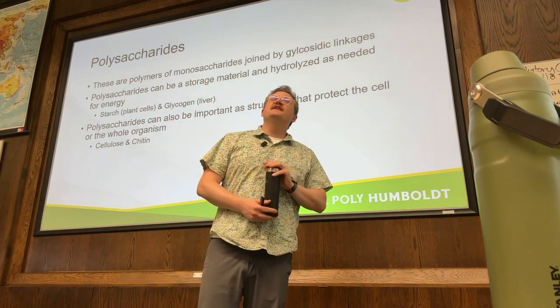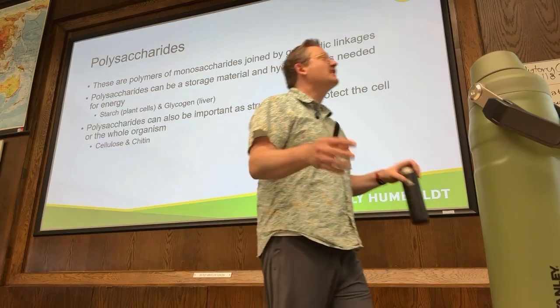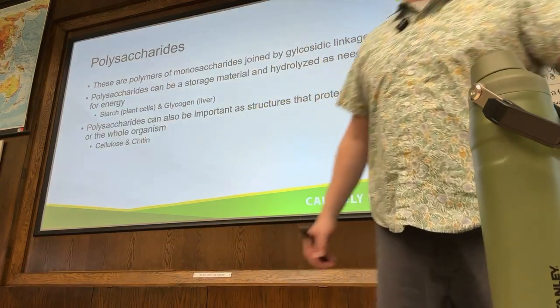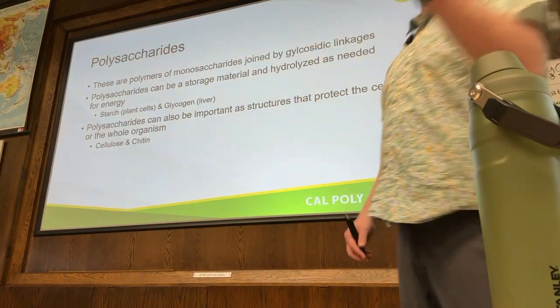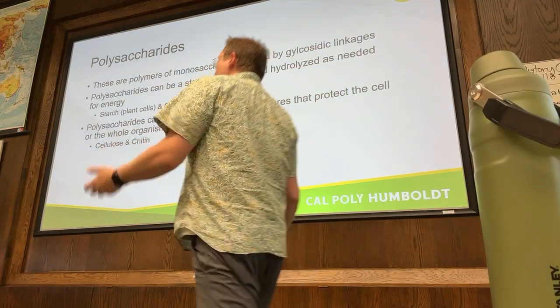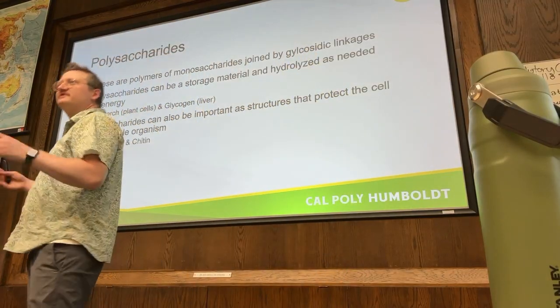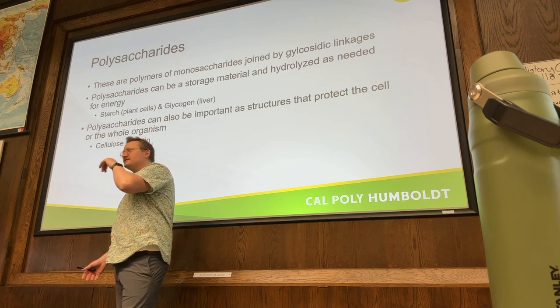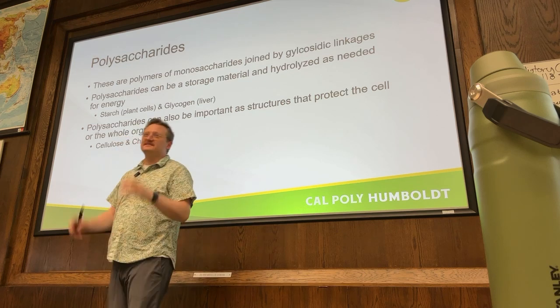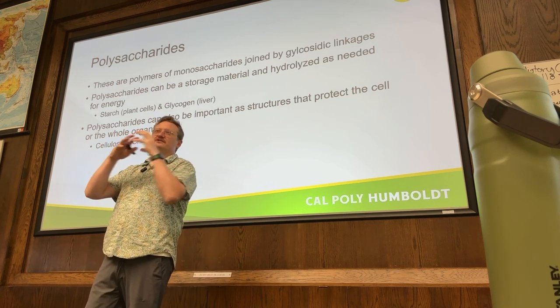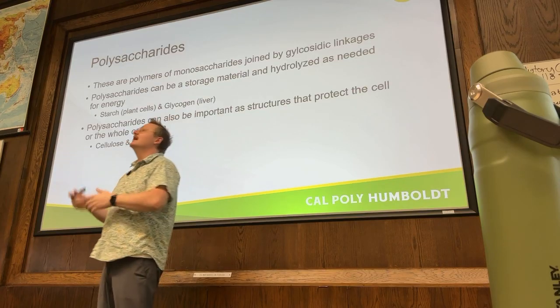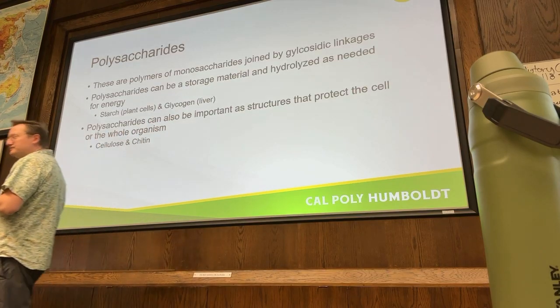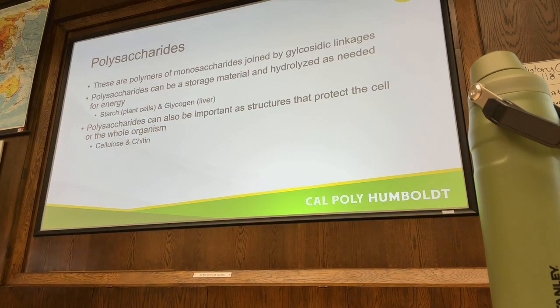As far as energy storage, the starches are polysaccharides. So plants use starches, like in a potato, to store a bunch of sugar for a long period of time. It's a great way to store energy. You make these special energy storage molecules that are just long polymers of carbohydrates.